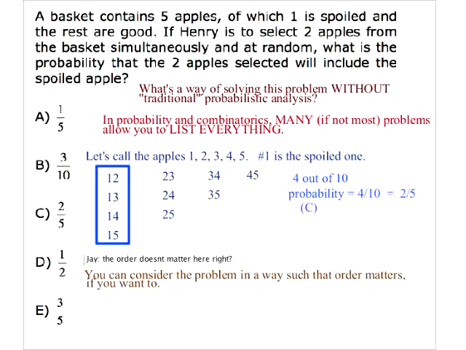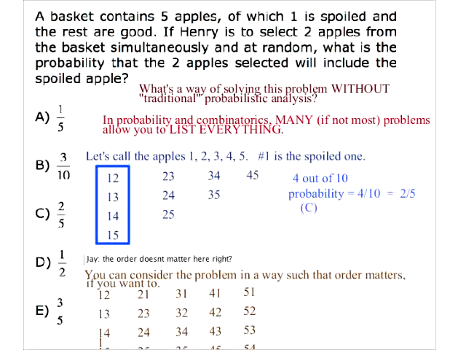So if you do that, then you'll just have twice as many possibilities. 1 and 2, 1 and 3, 1 and 4, 1 and 5, 2 and 1, 2 and 3, 2 and 4, 2 and 5, 3 and 1, 3 and 2, 3 and 4, 3 and 5. 4 and 1, 4 and 2, 4 and 3, 4 and 5, and then 5 and 1, 5 and 2, 5 and 3, 5 and 4.